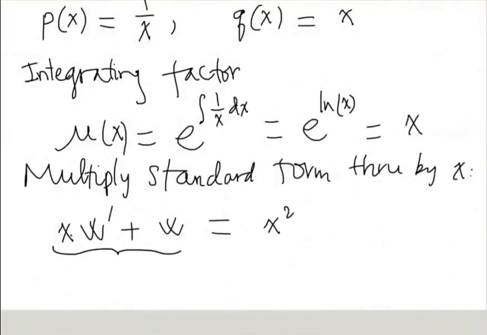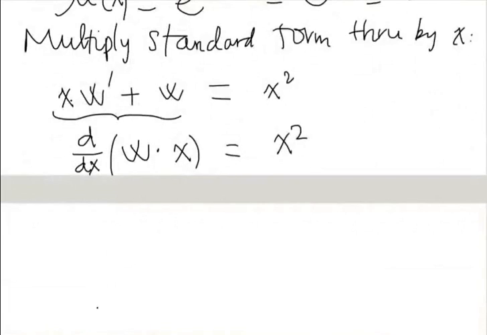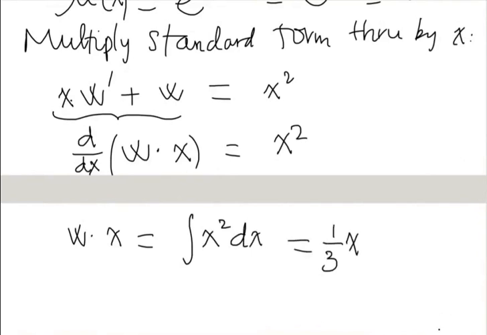And then the whole left side can be written as the derivative of the product w times the integrating factor, and we get x squared on the right hand side. Now integrate: we have w times x equals the integral of x squared dx, which is 1/3 x cubed plus a constant.